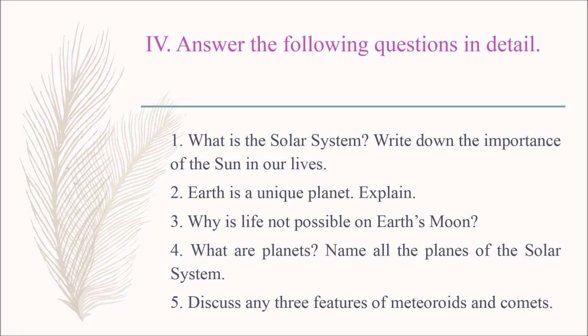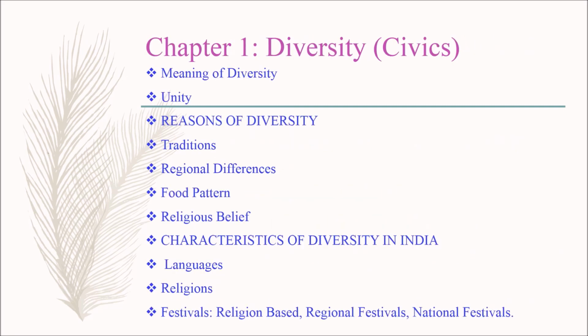So I hope you are all having PDF notes. In that you can read short answers and detailed answers as well. Now we are going to revise the first chapter in civics, which is diversity. Let's see the gist of the lesson. Meaning of diversity, unity, reasons of diversity.